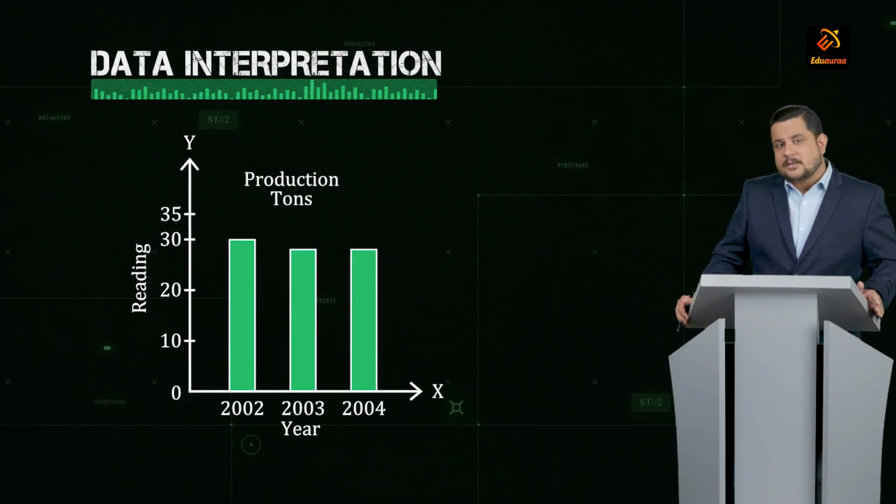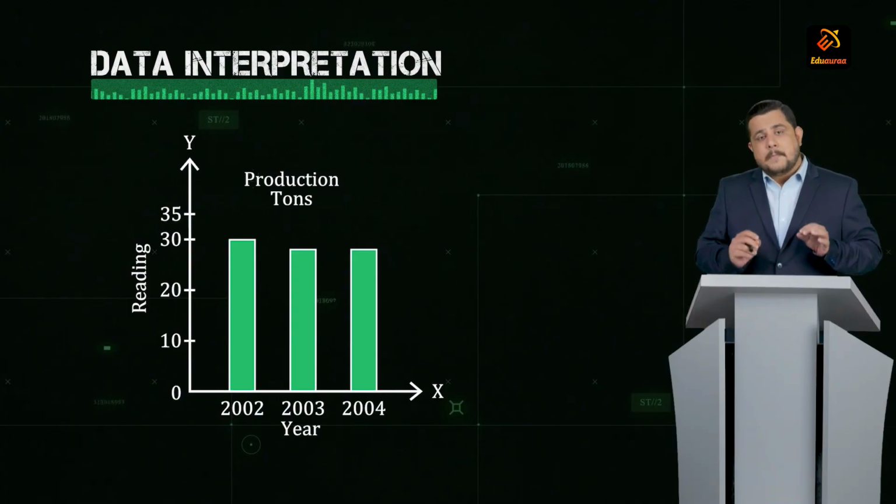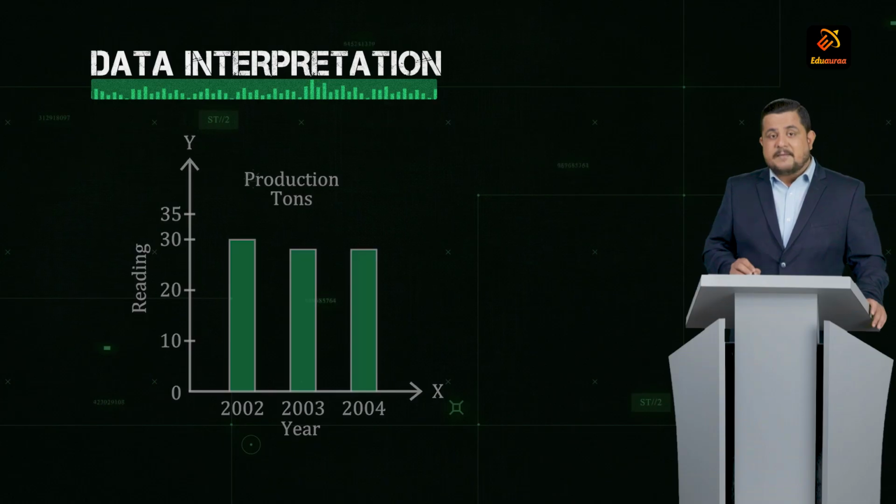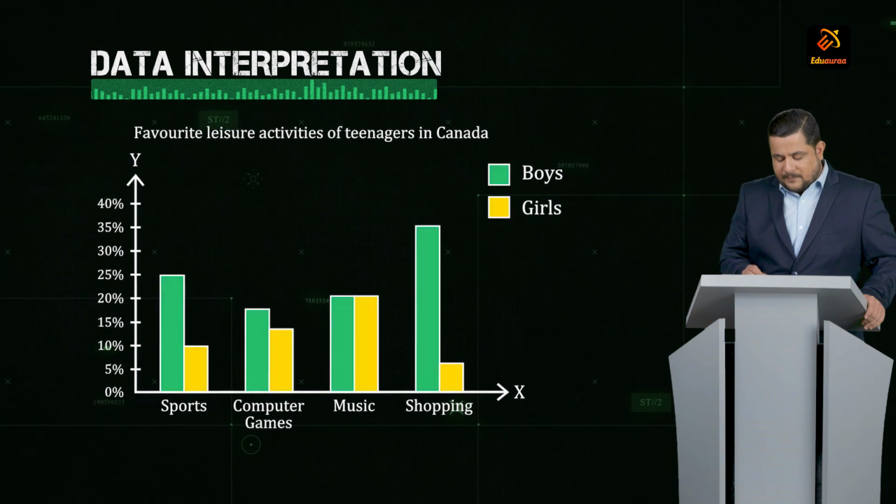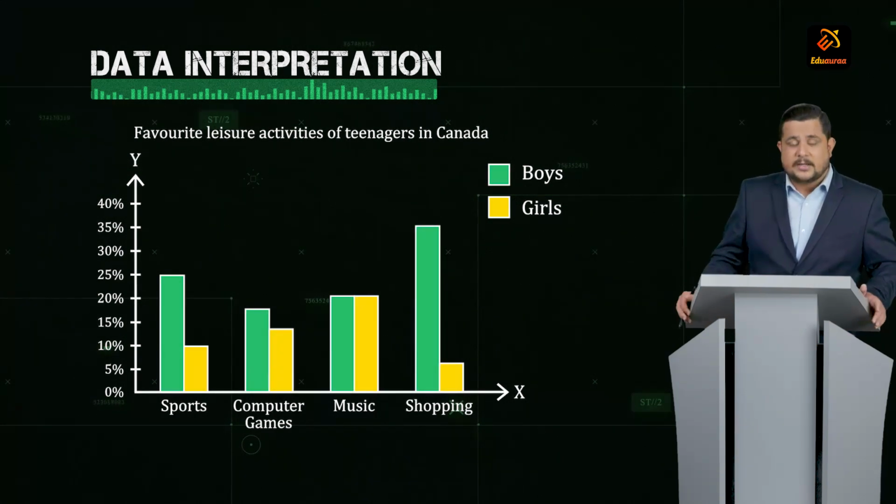So this is the representation of a bar graph, where bars are available. In the bar graph itself, there are various types. A comparative bar graph can also come, where two, or more than two, sets of data are given.